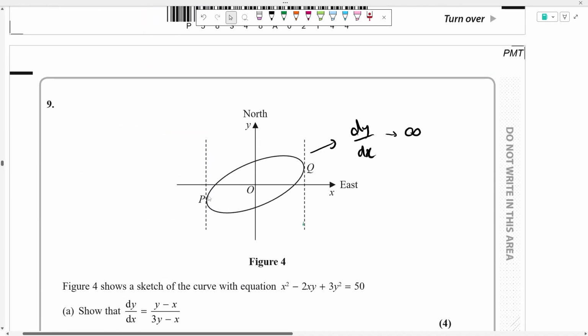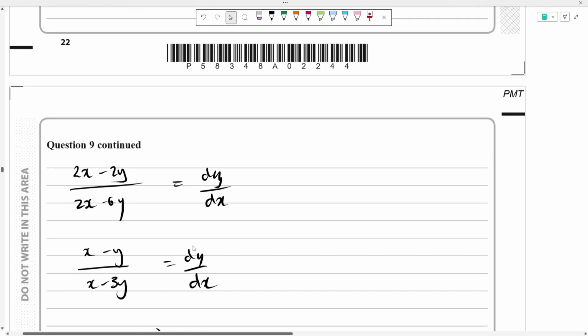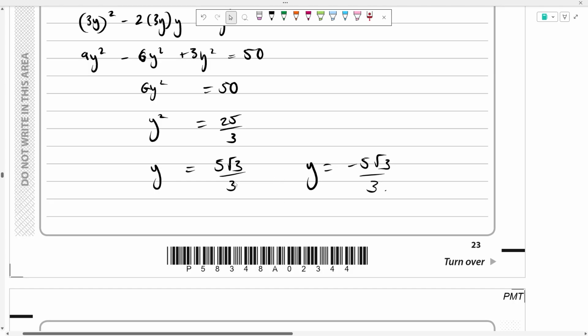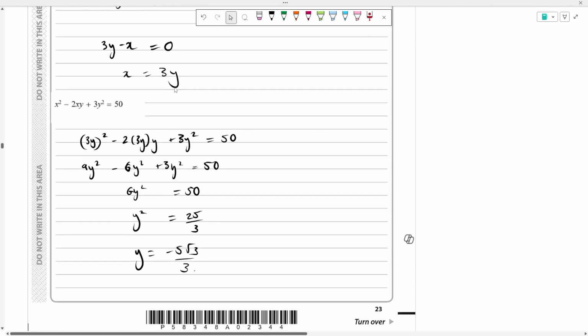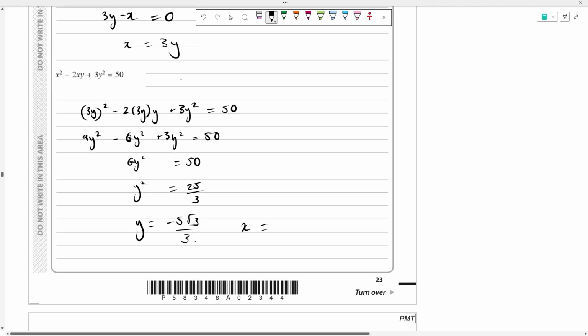Now, we need to work out this side here. Which one is it going to be? It's going to be your negative 5 root 3 over 3, because it's in the negative y-axis. But it's also in the negative x-axis, so that's also something to take note of. I'm going to get rid of this because we don't need it, since it's asking for P. So I'm going to stick with this one here. We know that x is equal to 3y, so that means that x would be minus 5 root 3.